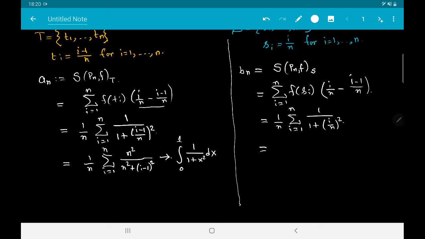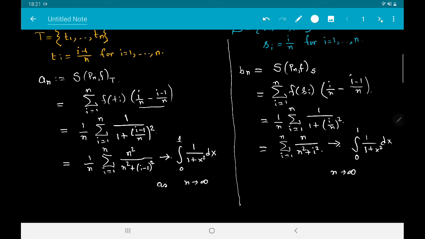Upon simplifying, this will turn out to be the summation i equal to 1 to n of n divided by n squared plus i squared. And we know that this converges to the integral from 0 to 1 of 1 by 1 plus x squared dx, in both cases, as n tends to infinity.